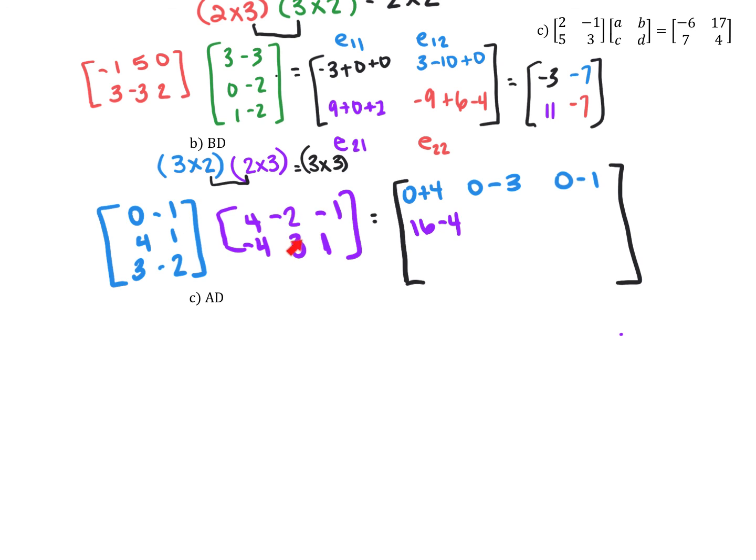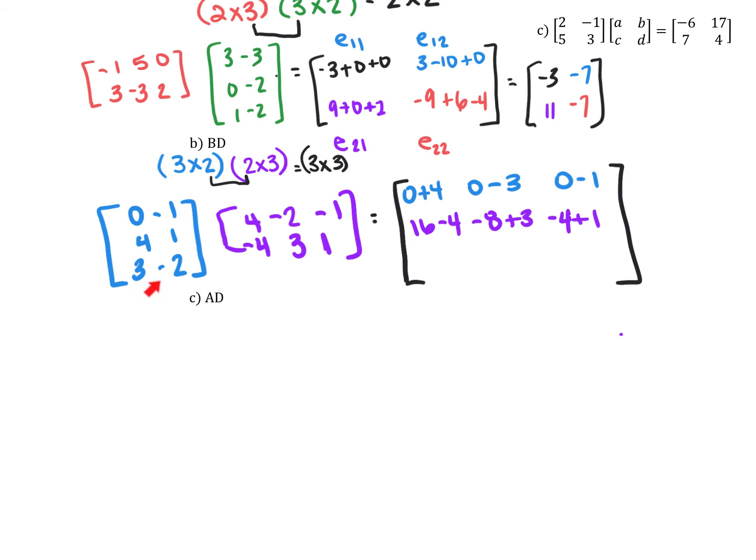Second row, second column. 4 times negative 2, negative 8. 1 times 3, positive 3. Second row, third column. 4 times a negative 1, negative 4, and 1 times 1, positive 1.